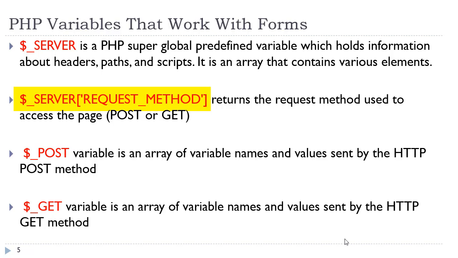So here we see how we could return the request method or test for the request method if we wanted to. You may not need to do that. You can actually access the name value pairs being sent by using the $_POST variable or the $_GET variable. These two variables are an array of the names and values that are being sent from the form.